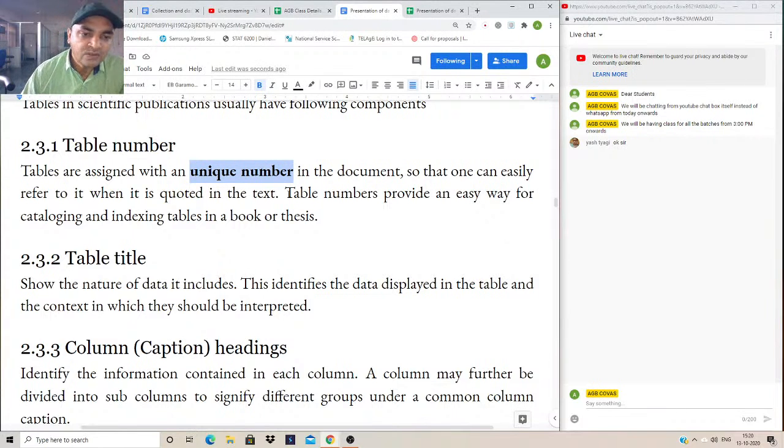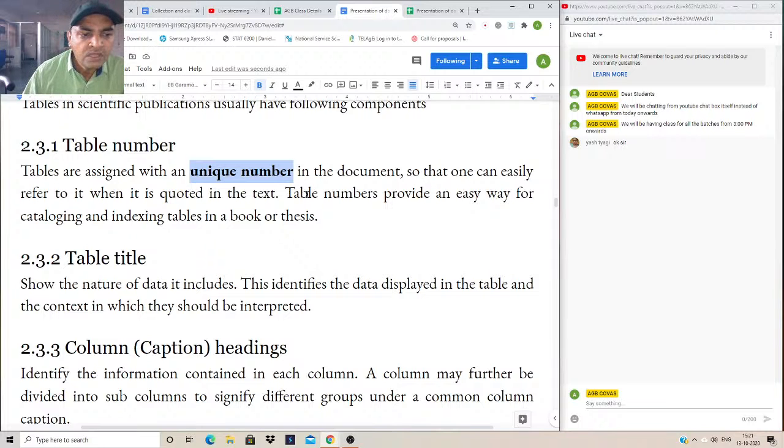In the text you will see lines like 'as depicted in table number 3', which means the values in the text are drawn from table number 3 of the document.